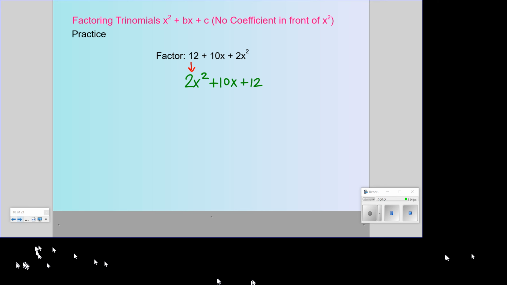The reason I have this in here is because as we learn our factoring methods, they do build upon each other. So the first factoring method we learned was the GCF method, where you pulled the greatest common factor out of all of your terms in an expression.